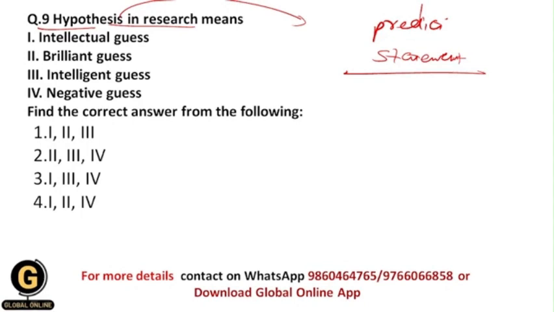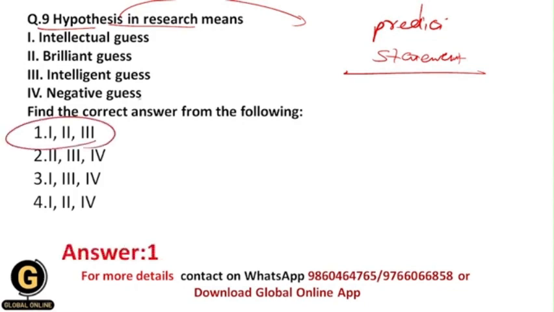It includes a clear definition of the proper relationship between the variables. Okay, and that's why hypothesis is an intellectual guess, a brilliant guess, and an intelligent guess, all of these. Okay, and that's why your correct answer should be 1, that is 1, 2 and 3.